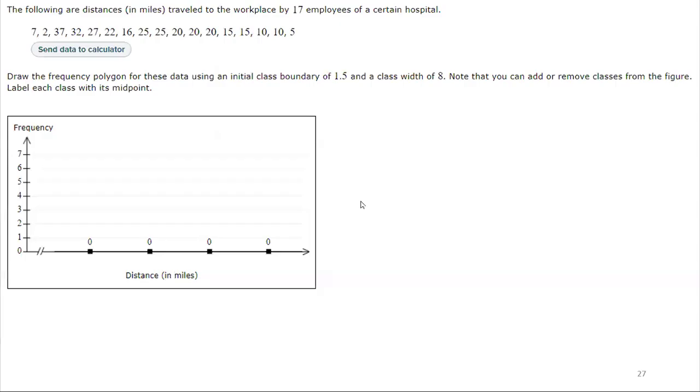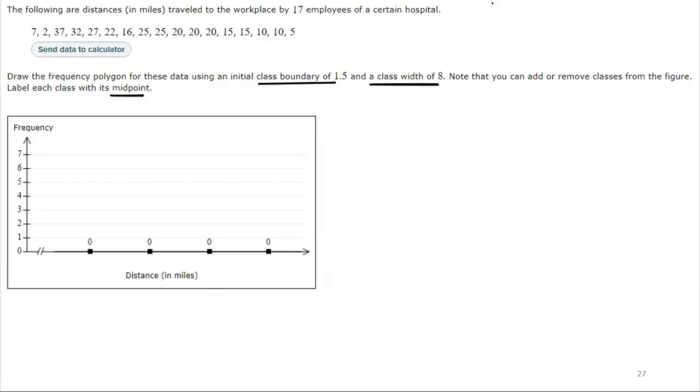Draw the frequency polygon for these data using initial class boundary of 1.5 and a class width of 8. So let's highlight that. Note that you can add or remove classes from the figure. Label each class as its midpoint.